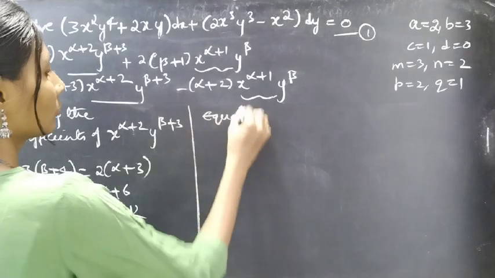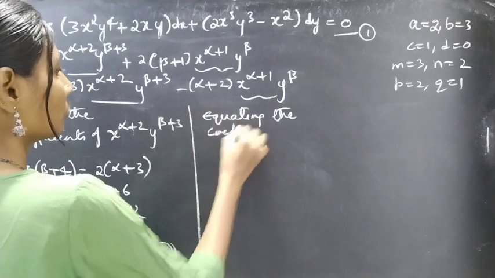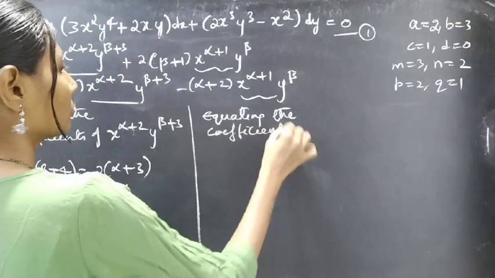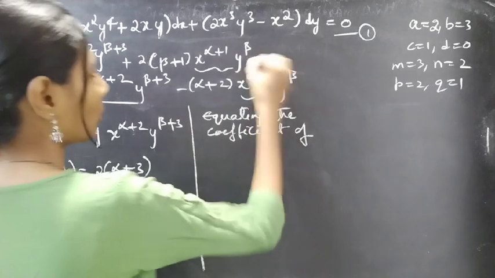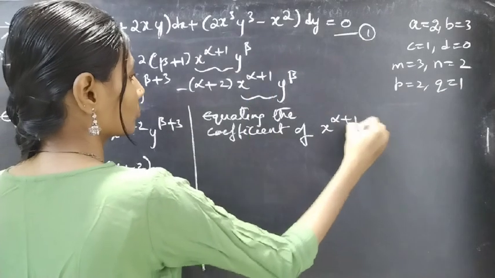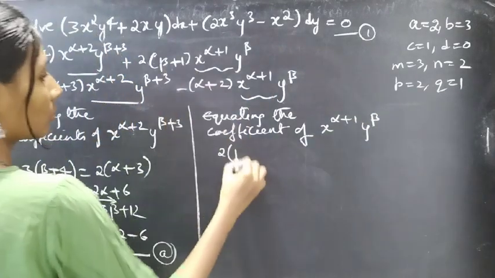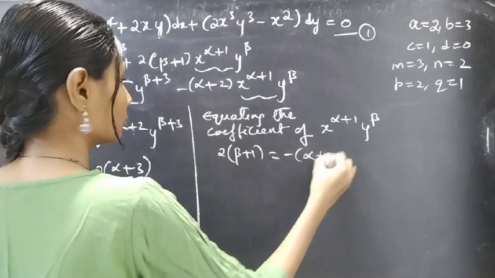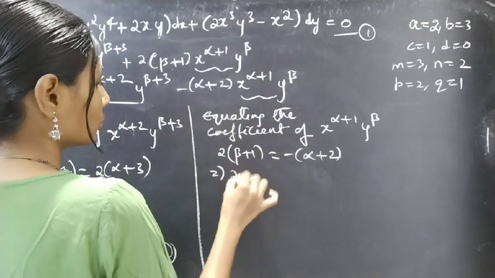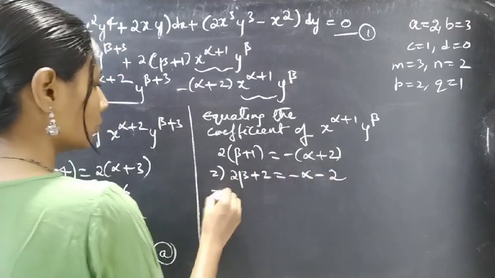Equating the coefficients of x^(α+1) y^β gives us 2 times (β+1) equal to minus of (α+2), which gives us 2β+2 equal to minus α minus 2, right?